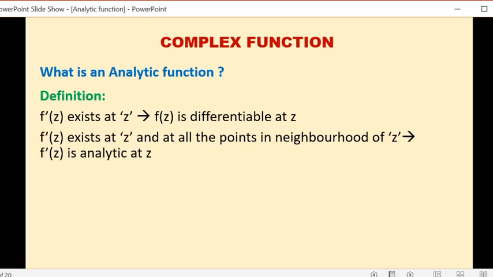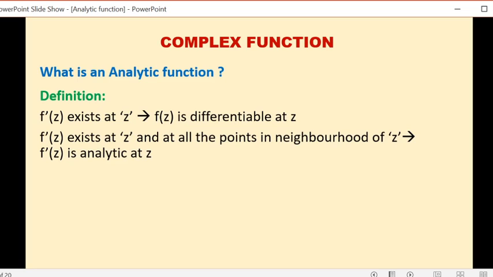For example, let me give you a specific value of z, say z equal to 0. At z equal to 0, the derivative of sine z is cos z at 0. Now cos 0 is 1, which exists. It is not infinite, it is a finite number. So the derivative of sine z exists at z equal to 0. This is the meaning of existence.